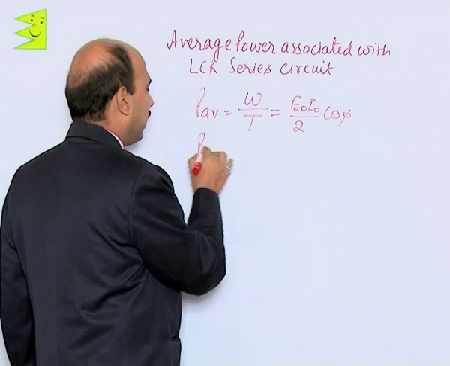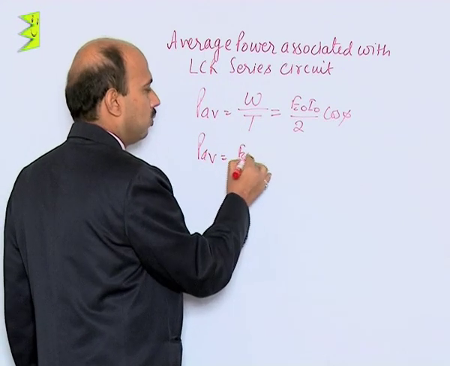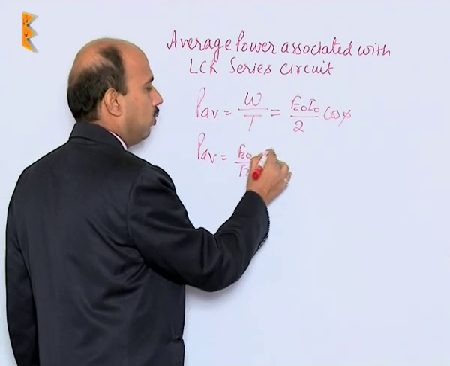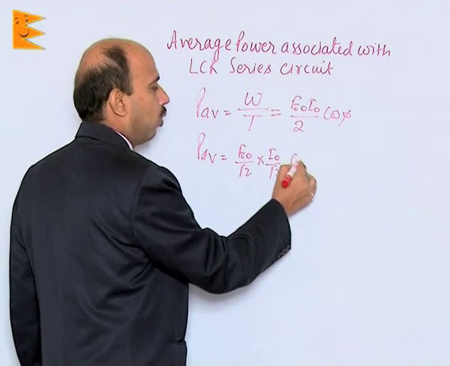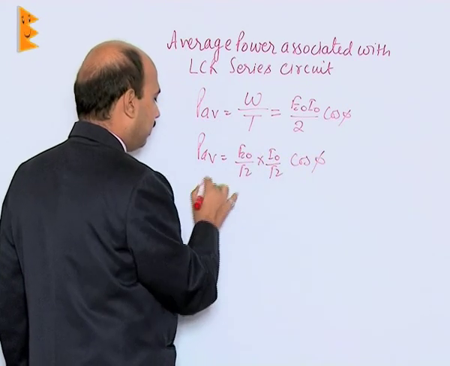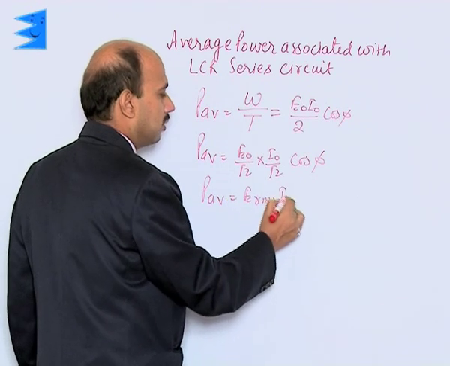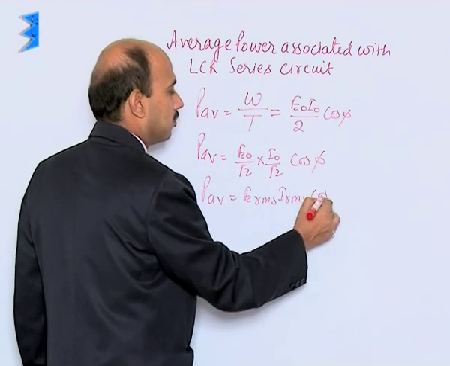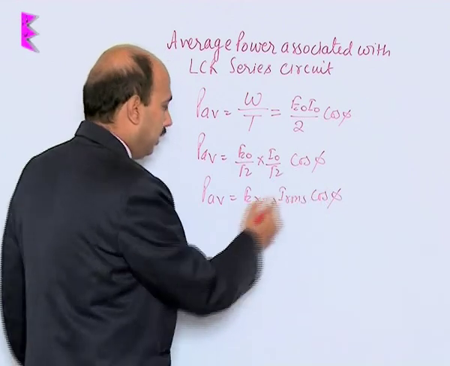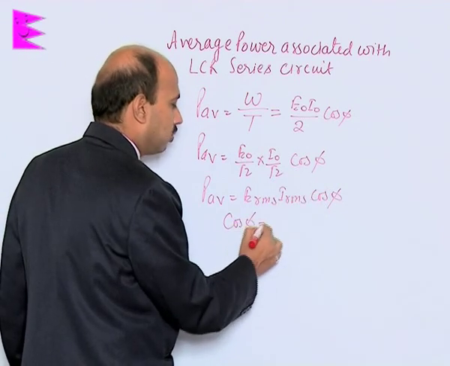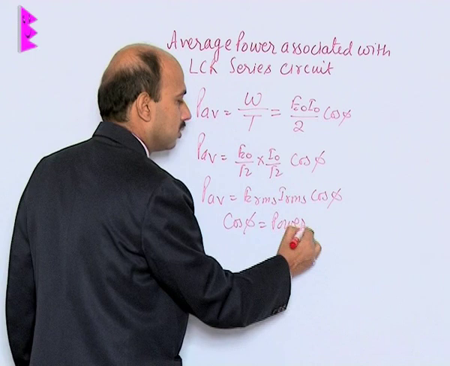We can also write P average = E₀/√2 into I₀/√2 cos φ, that is, P average = E_RMS I_RMS cos φ. Here cos φ is known as the power factor.